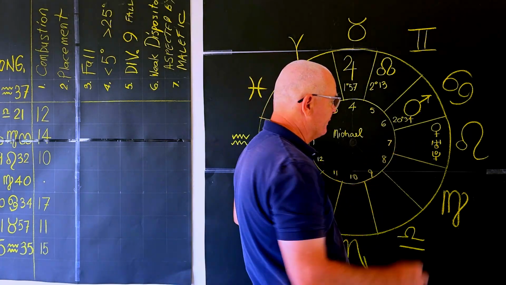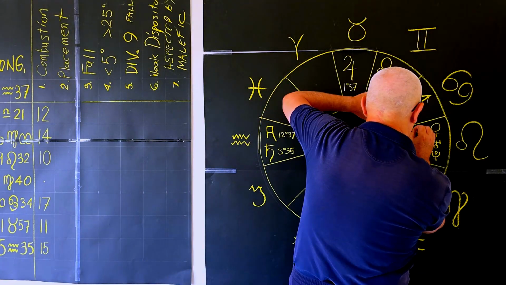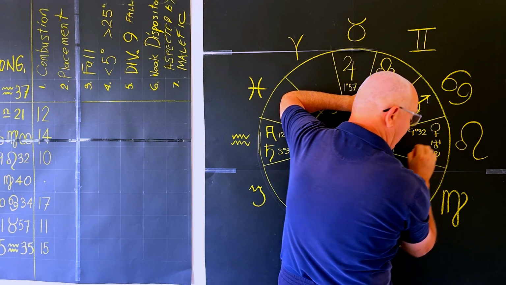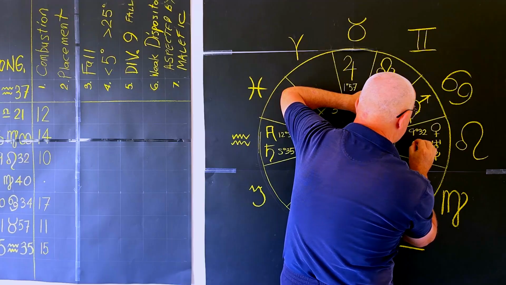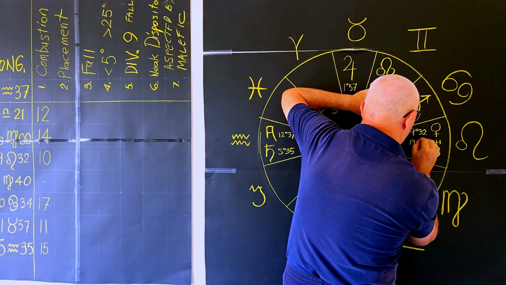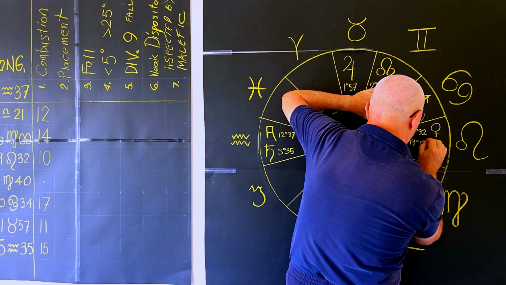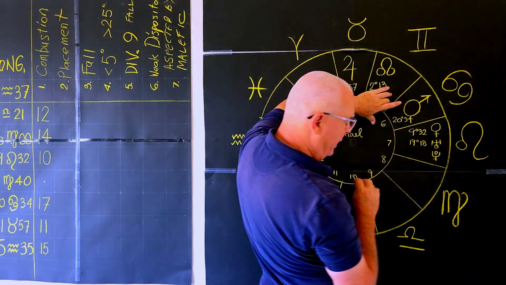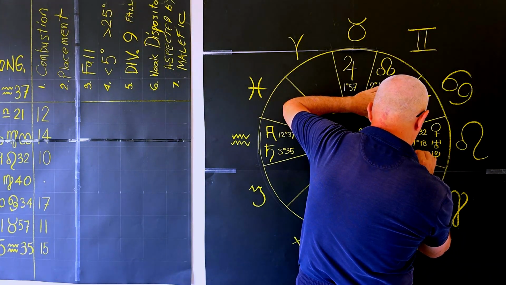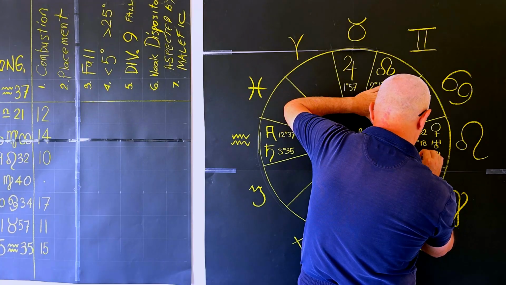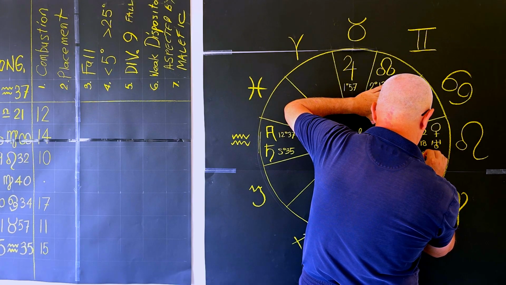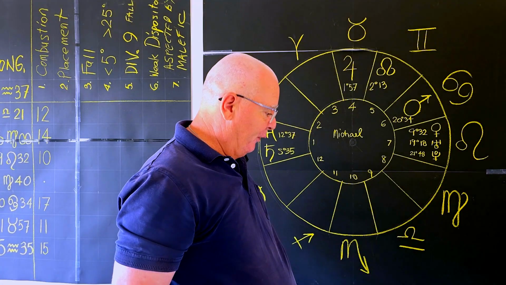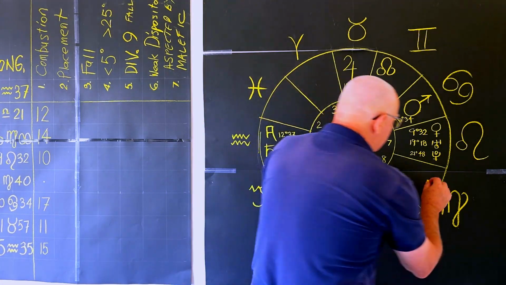Venus, 9 degrees 32. Uranus, 19 degrees 18. Pluto 21 48. In Virgo, 2 planets, Mercury and the Sun.